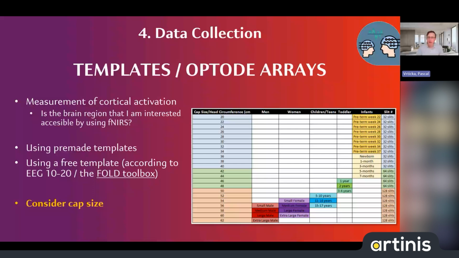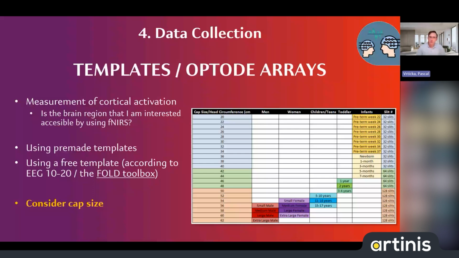And so depending on the age range of your participants, you should also take that into consideration, especially if you work with young infants, so that you can have most comparable optode arrangements for the infants. And if you, for example, want to scan them together with the adult parents as well, you can then really look at coherent or matching synchrony between the same regions in the different brains.